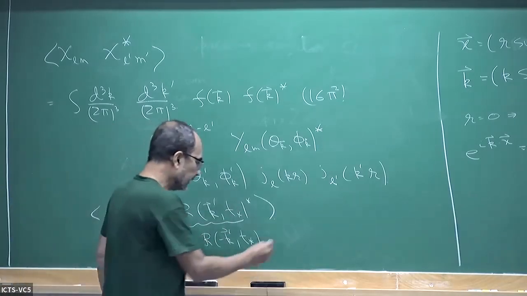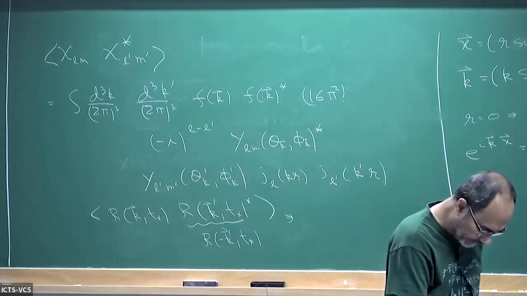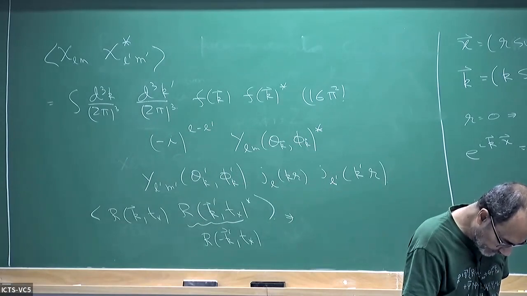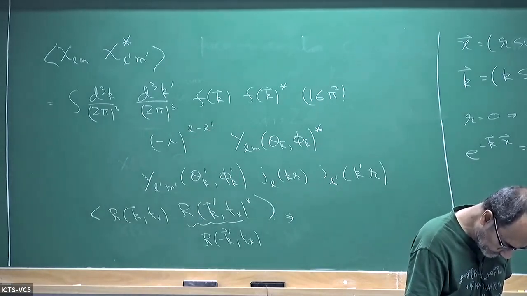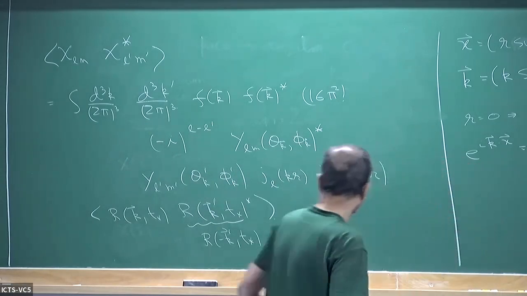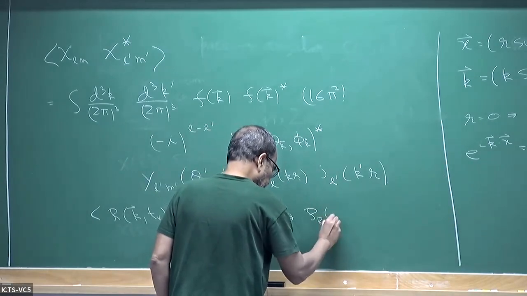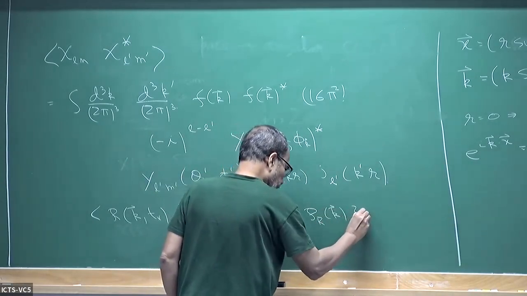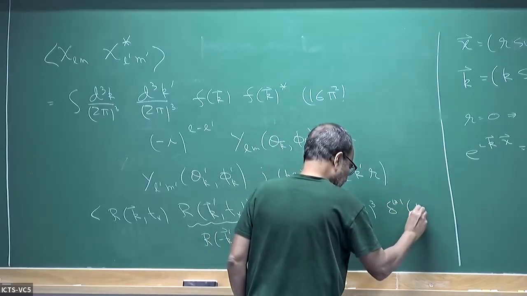And this quantity we had introduced earlier has a name. Let me see what we call this. I think we call this P_R of K, up to some normalization: P_R(K) times 2 pi cubed delta function of K minus K'.